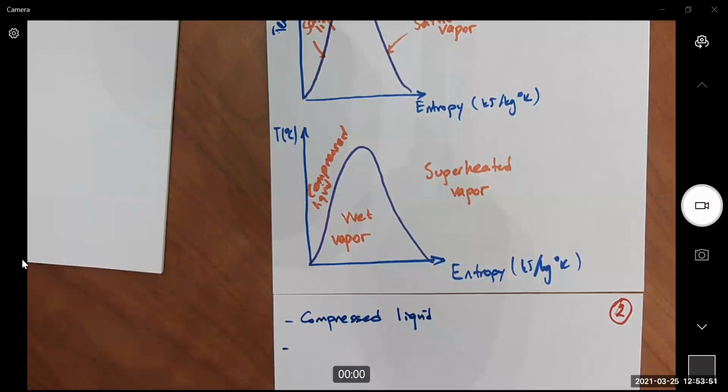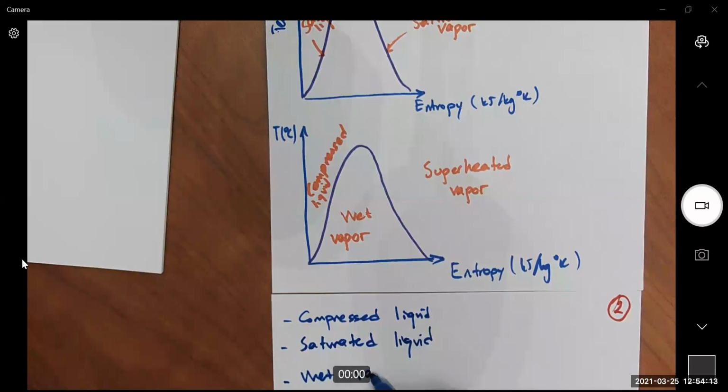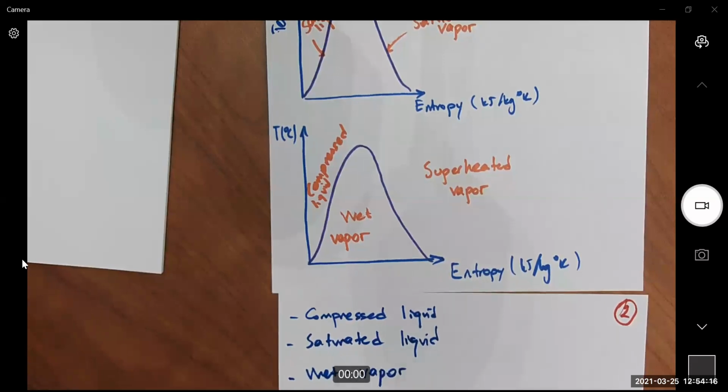We might have, but it will be very broken, and it will not be a detailed table in terms of extracting properties. Compressed liquid, saturated liquid, wet vapor region, saturated vapor, and superheated vapor.